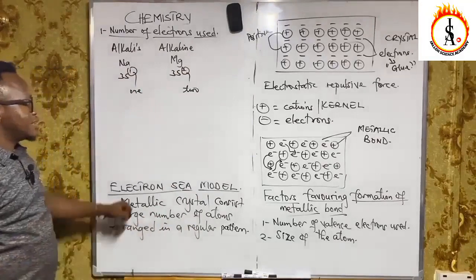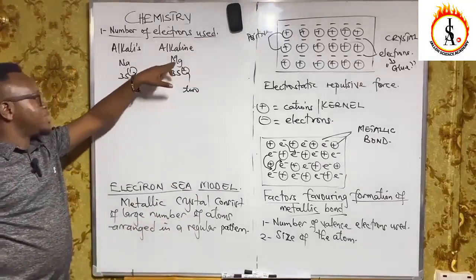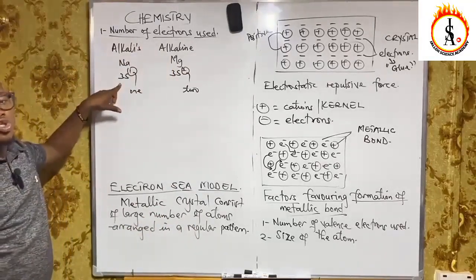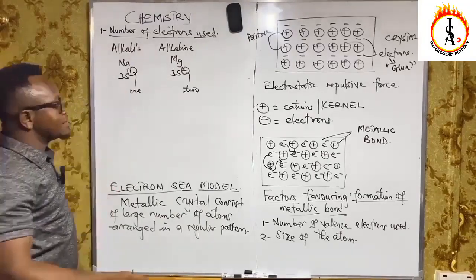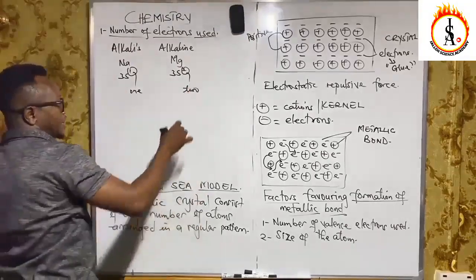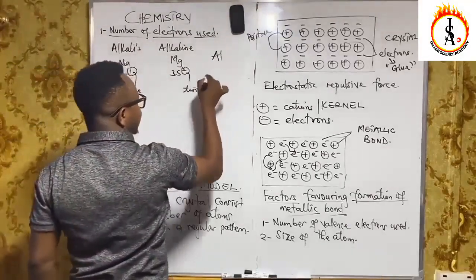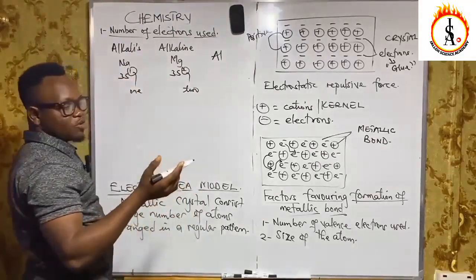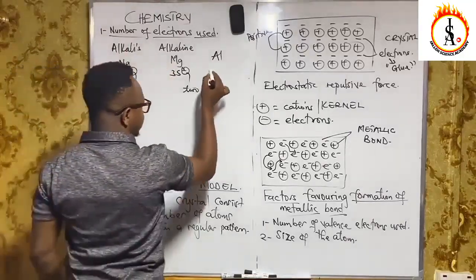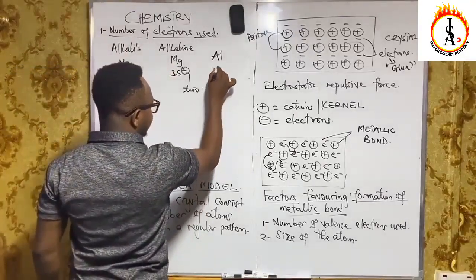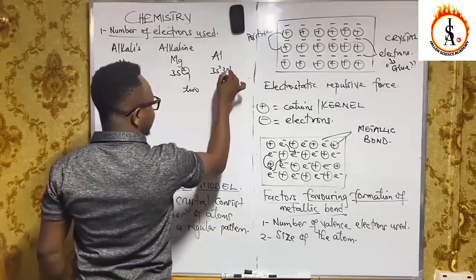So in that regard, the metallic bond in magnesium is going to be much stronger than the metallic bond in sodium. And similarly, the metallic bond in aluminum is going to be stronger than in magnesium and than in sodium, because aluminum uses the 3s2 and the 3p1.